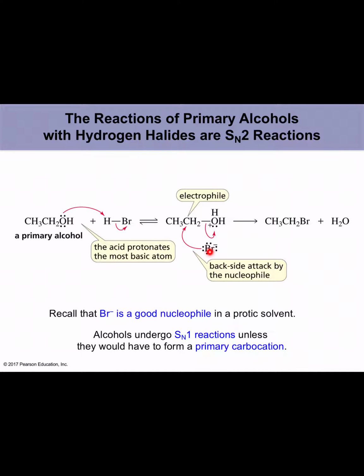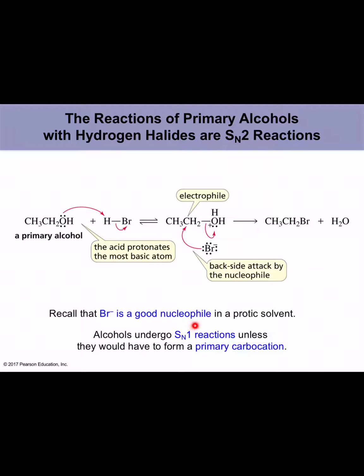And then the bromide, now since this is a primary alcohol, it is SN2, with 2 molecules involved in the rate determining step, bimolecular nucleophilic substitution. So bromide goes and attacks the carbon, and then the water molecule leaves. It forms the substituted product. Now it is a primary alkyl halide.